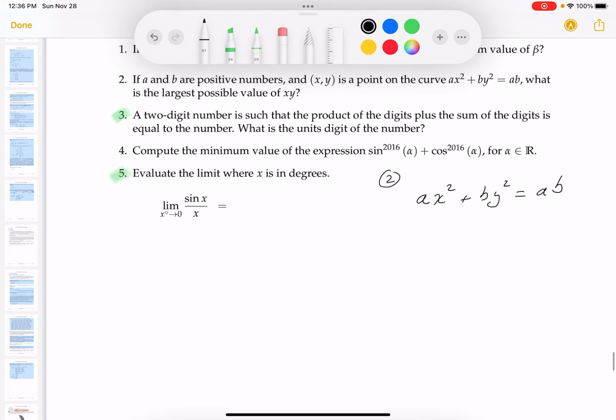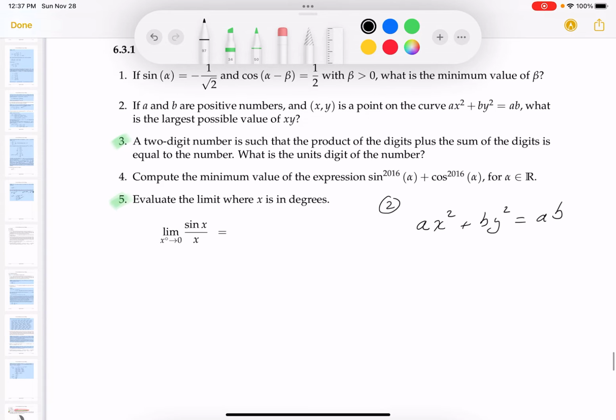All right, I'm going to divide both sides by ab. And again, I don't know what a and b are except they're positive numbers. I know that much. They're non-zero. They're positive numbers. So you would get x squared over b plus y squared over a is equal to 1.